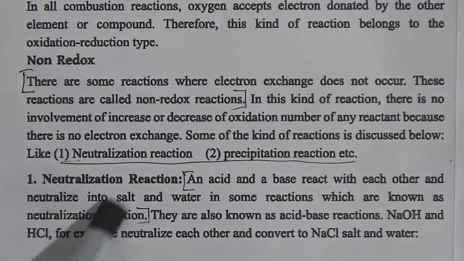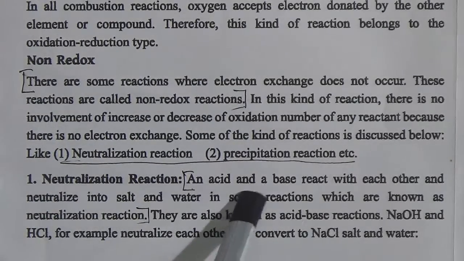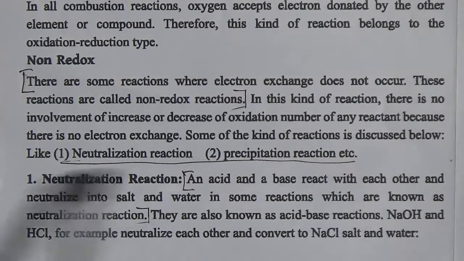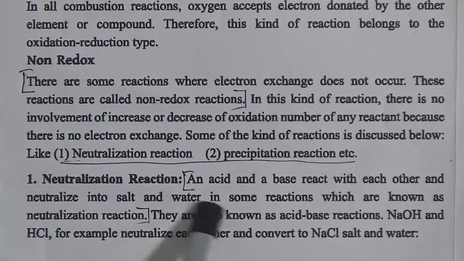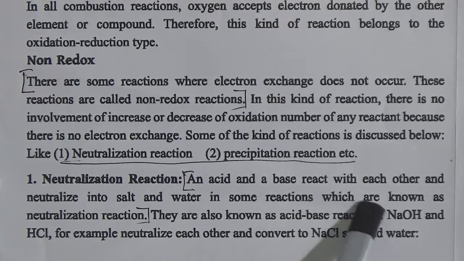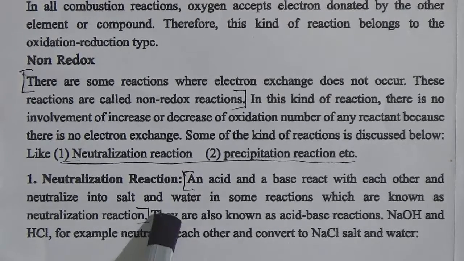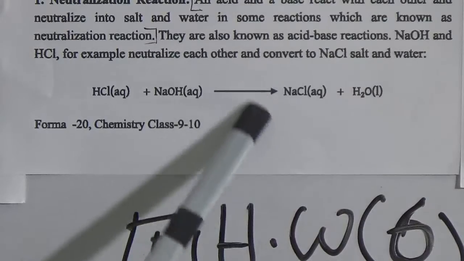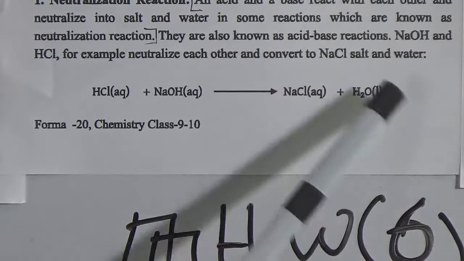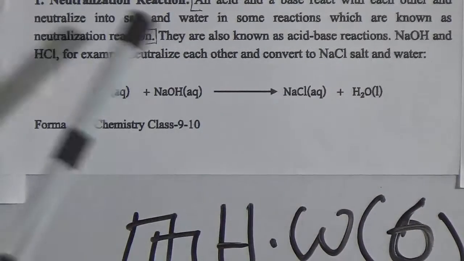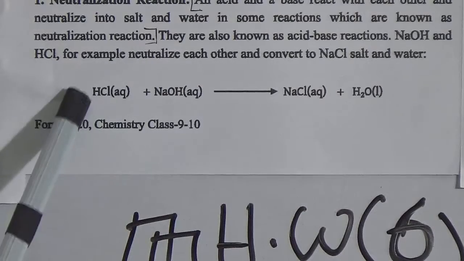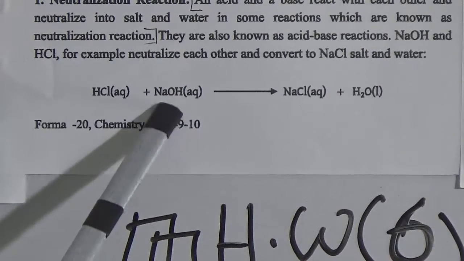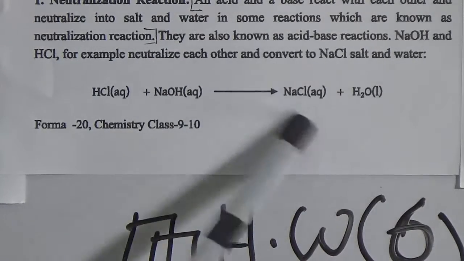Now come to the neutralization reaction. When an acid and a base react with each other and neutralize into salt and water, the reaction is known as a neutralization reaction, like hydrochloric acid and sodium hydroxide reacting to produce sodium chloride and water. Here this is the acid and this is the base, but these are salt and water.